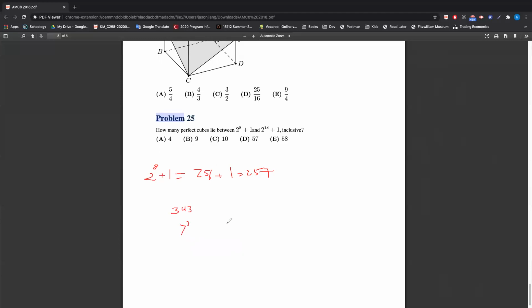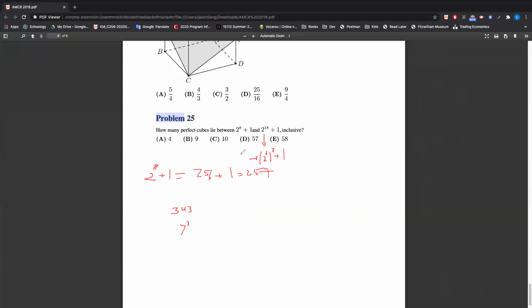But it's probably not that good of an idea to try to calculate 2 to the 18 and find a cube smaller than it. So we'll use the fact that 18 is a multiple of 3. So we can actually change this into 2 to the 6th cubed plus 1.